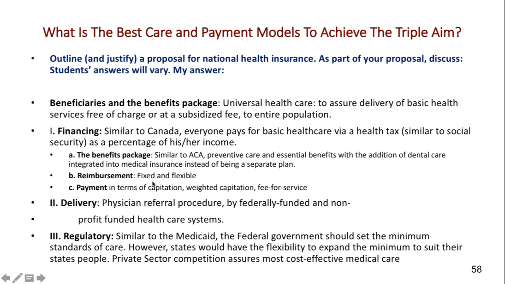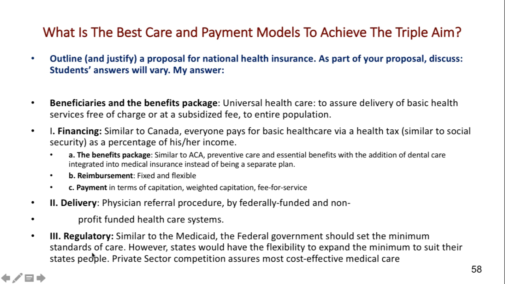The reimbursement could be through fixed and flexible payment, in terms of capitation, weighted capitation, and fee for service. The delivery for physicians could be through physician referral procedures by a federally funded and non-profit funded healthcare system.